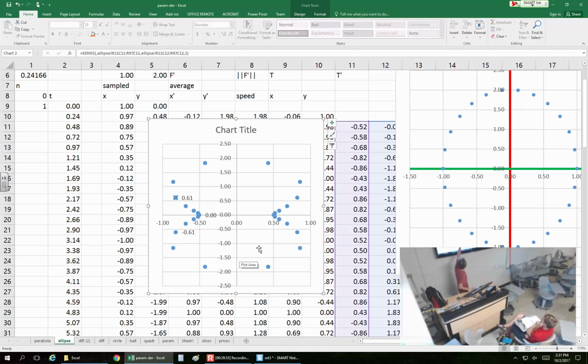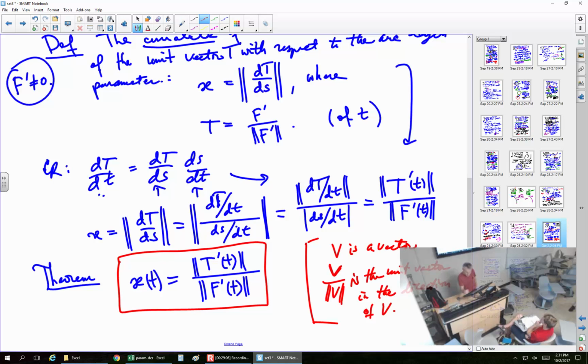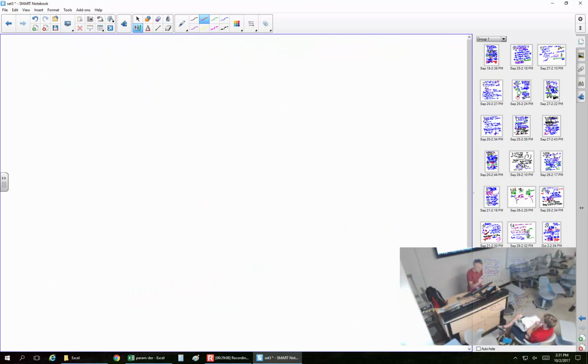So this dot over here gives me the derivative of that vector, the tangent vector, which is up there. Let me make a little picture here. This is what I'm talking about. This is where we are on the ellipse. This is the unit tangent vector, T, okay?